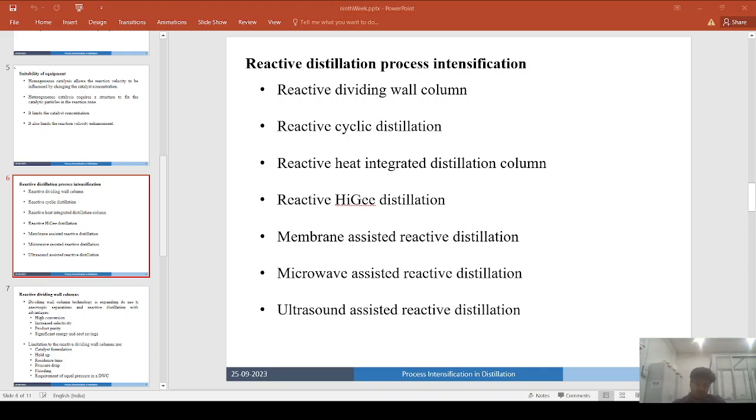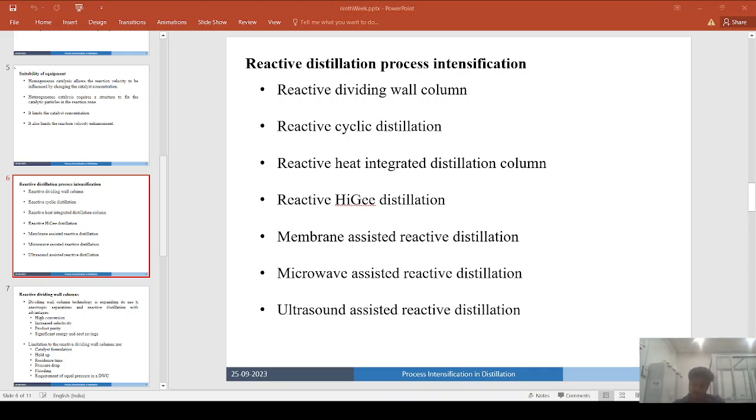Another is the reactive heat integrated distillation column, called RHIDIC, where the R stands for reactive, and which is internally heat integrated. This setup integrates the heat internally into the distillation column, to be more specific, the rectification chamber of the distillation column.